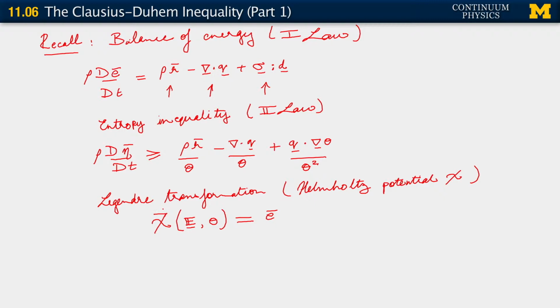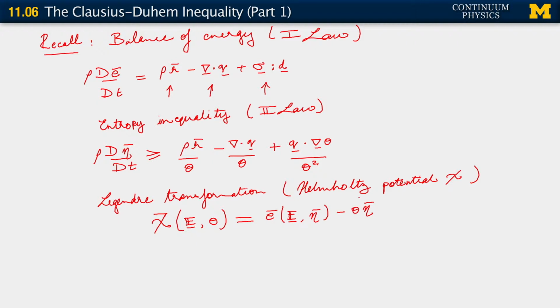I'll do that now, just to remind ourselves that we are speaking of a quantity defined per unit mass. So we have E bar, which is a function of the strain and the entropy, minus the temperature times the entropy. Okay, this is what we have.